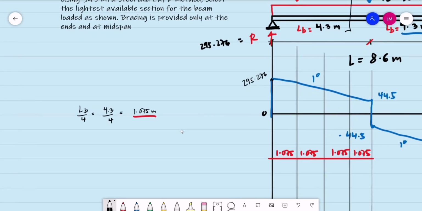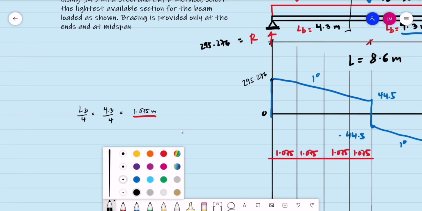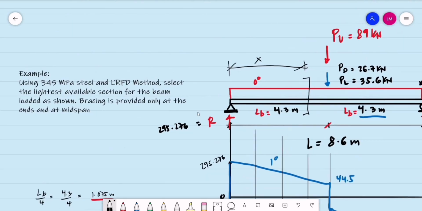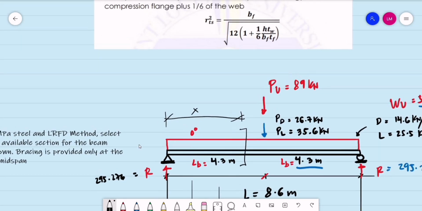Our moment at a distance x is equal to the support reaction, 295.276 times the distance x, then minus our uniformly distributed load. Again, our uniformly distributed load, W sub U, is 58.32 kilonewtons per meter.